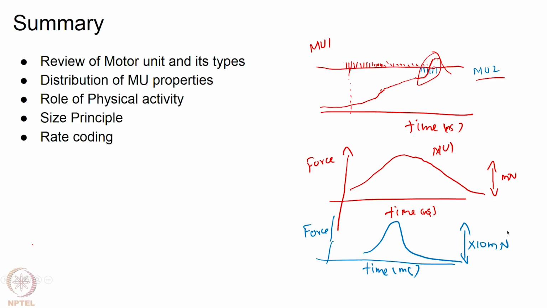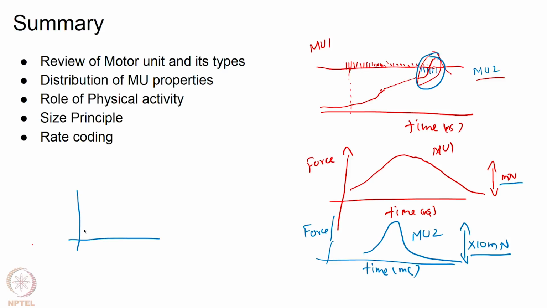So if I recruit motor unit 2, I am going to see this sudden increase in slope. Why? Because this motor unit can produce a greater amount of force. Note the difference in scales: this is in units of millinewtons, and this is in several tens of millinewtons.